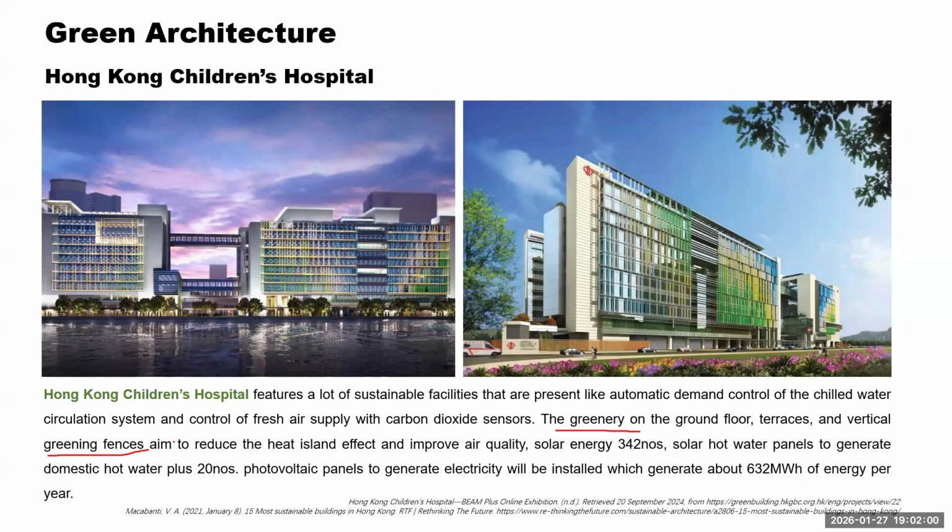And they also utilize solar energy, I think solar hot water panels to produce hot water, and also solar photovoltaic panels. So I think these are very common practices: greenery, solar PV panels, and solar collectors.